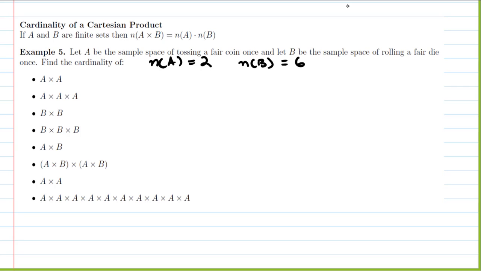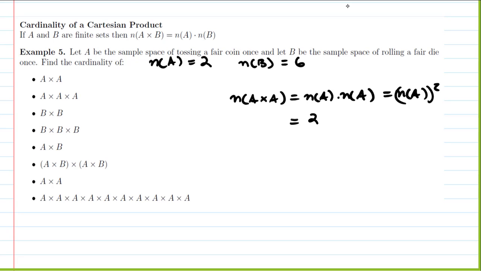So the number of things in A cross A, according to our theorem, is N of A times N of A, which is N of A squared. So that's going to be 2 squared, which is 4.